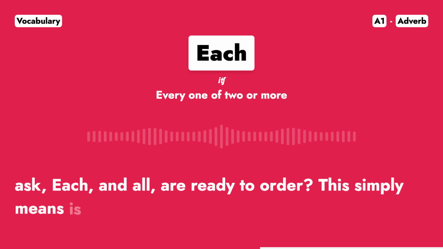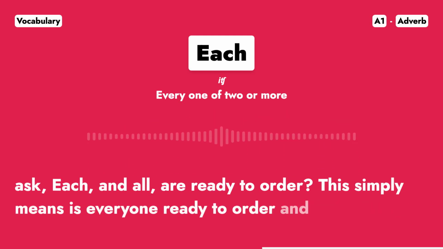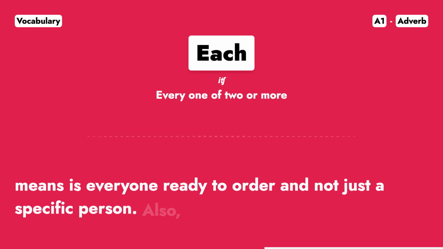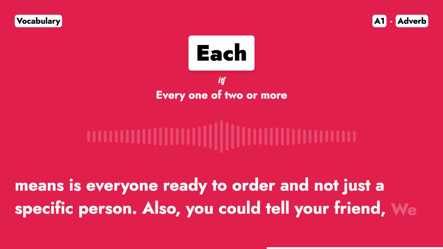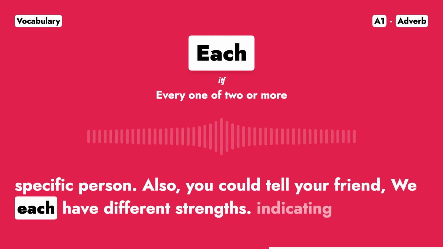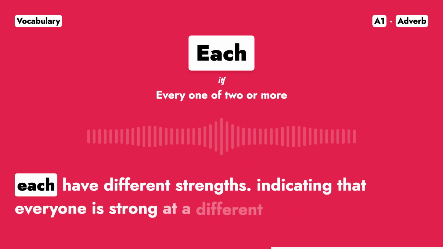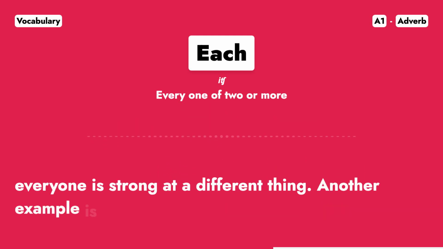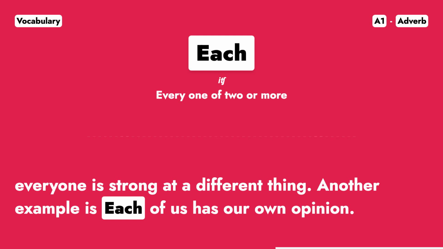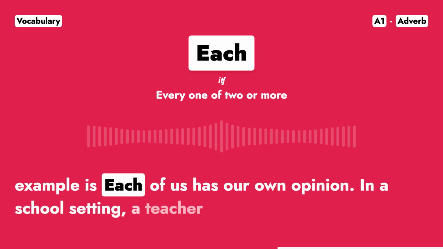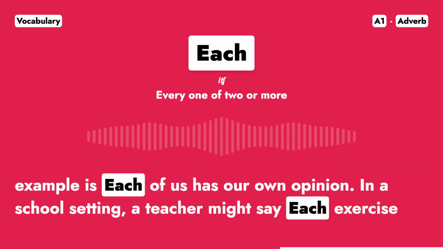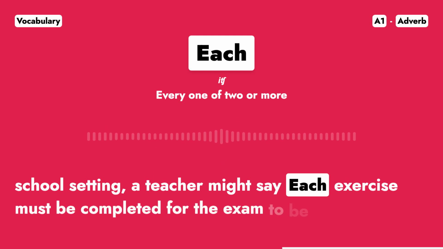This simply means is everyone ready to order and not just a specific person. Also, you could tell your friend, we each have different strengths, indicating that everyone is strong at a different thing. Another example is each of us has our own opinion. In a school setting, a teacher might say each exercise must be completed for the exam to be valid during an important assignment.